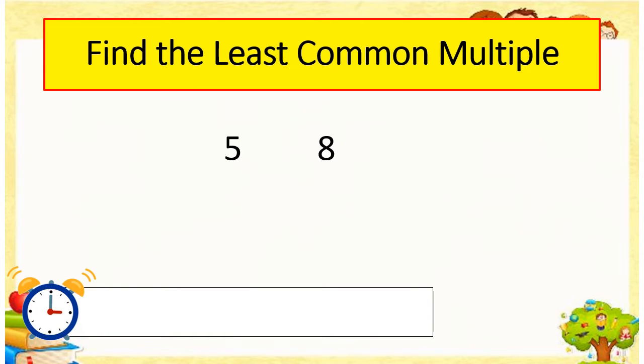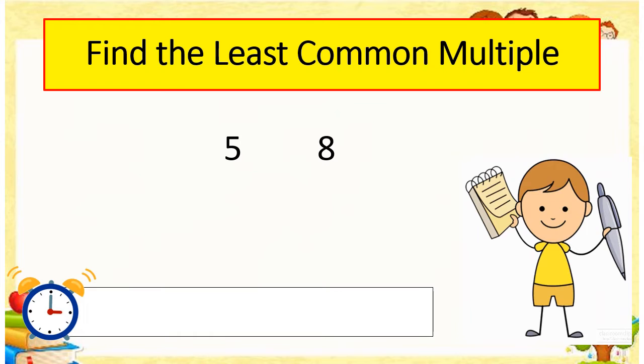Okay, very good. So, you're going to find the least common multiple of 5 and 8. So, you prepare now your ballpen and paper, and then start finding the least common multiple of 5 and 8 in 20 seconds.